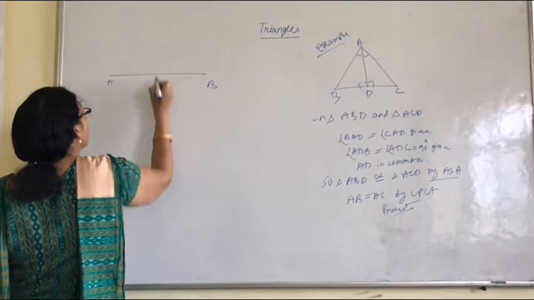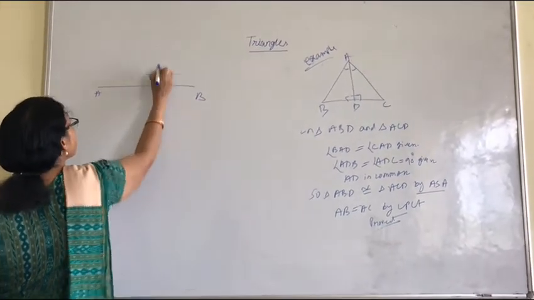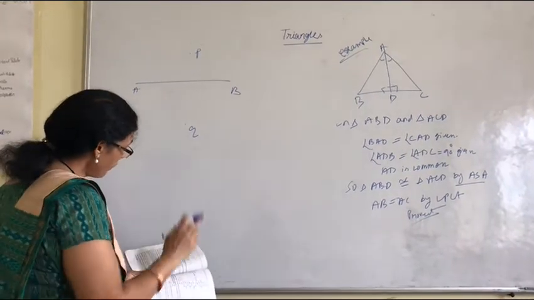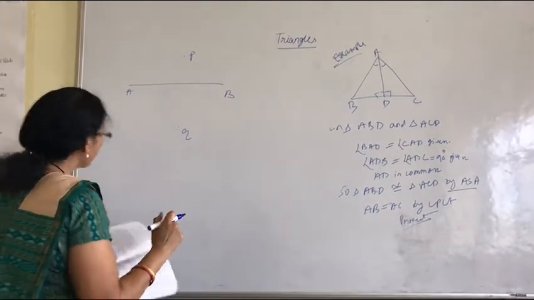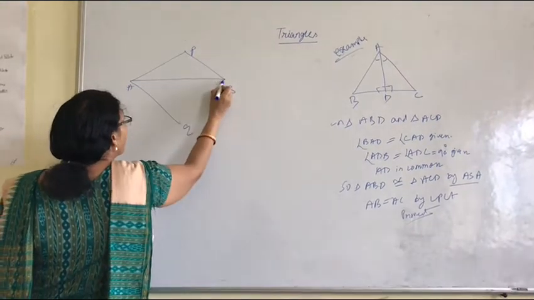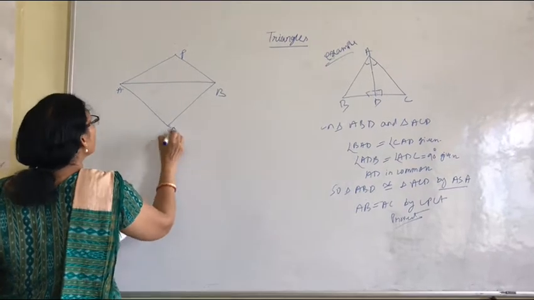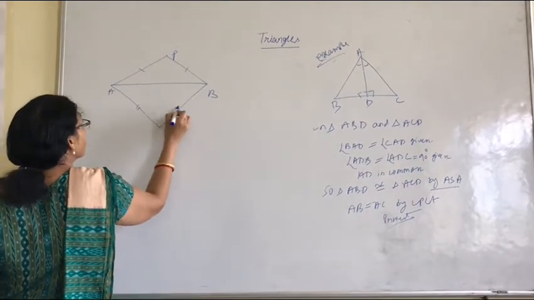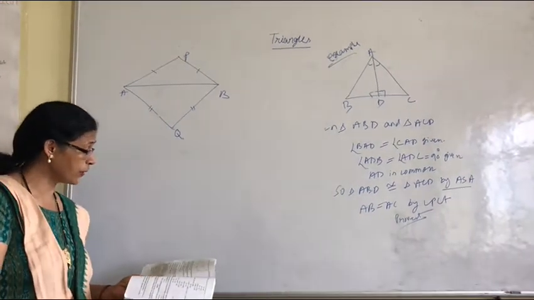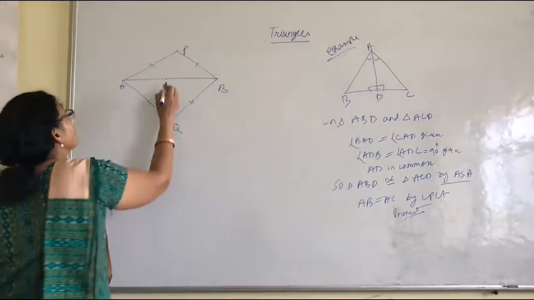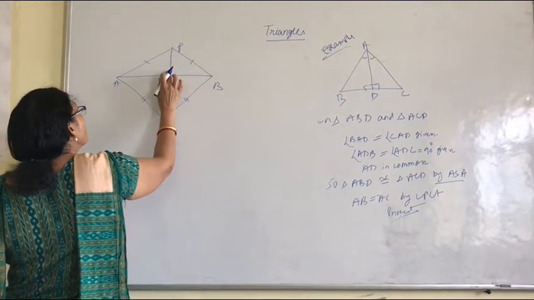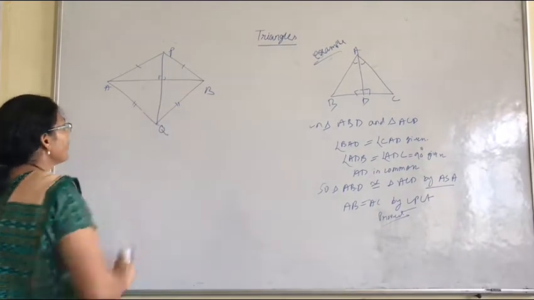P and Q are two points on either side of the line segment, opposite sides of AB, and each of them is equidistant from A and B. That means you have to join P and Q. Show that the line PQ is the perpendicular bisector of AB. PQ is the perpendicular, you have to prove this is 90 degrees.